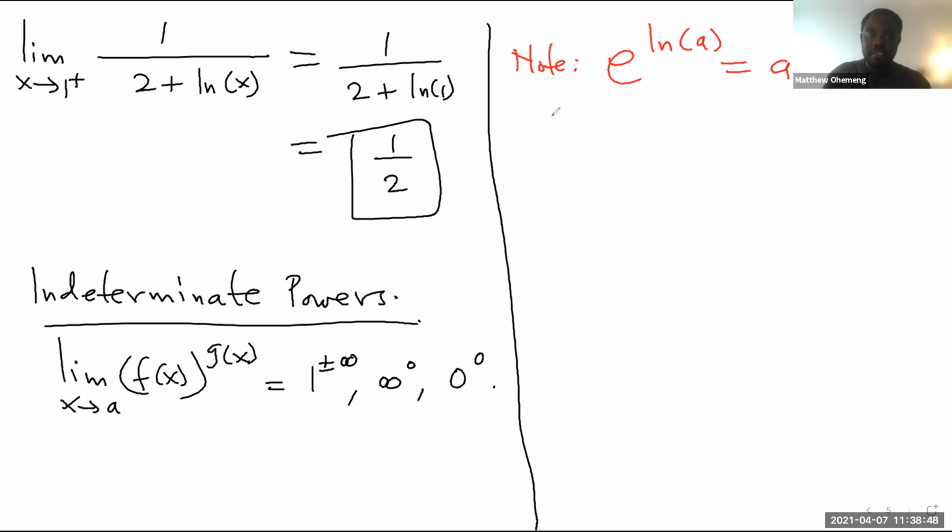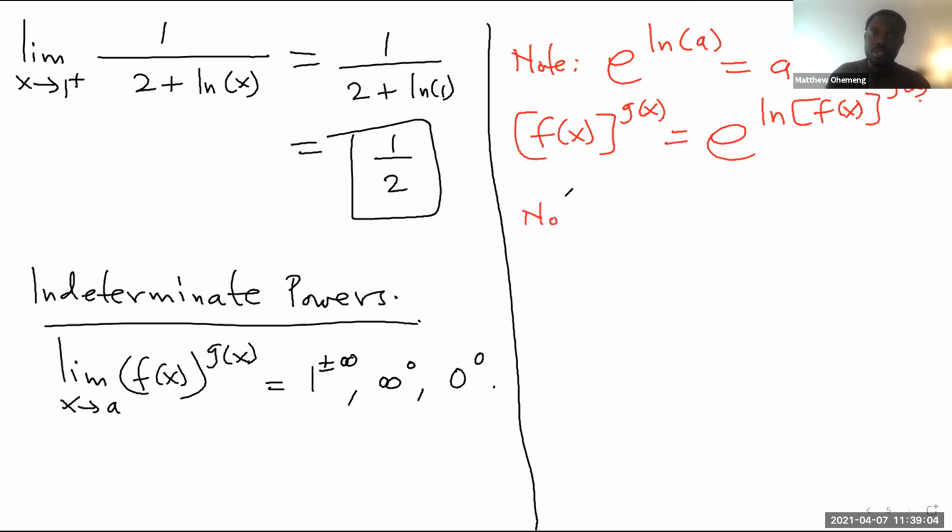So if you have f of x to the power g of x, then we can rewrite this as e to the ln of f of x to the power g of x. We can write it as this. Now, another thing you also have to note is whenever you have ln of a base to some power, then it's just equal to the power times ln of the base.